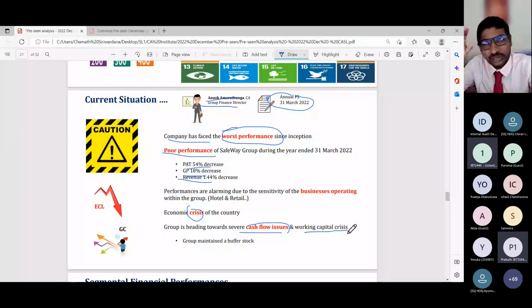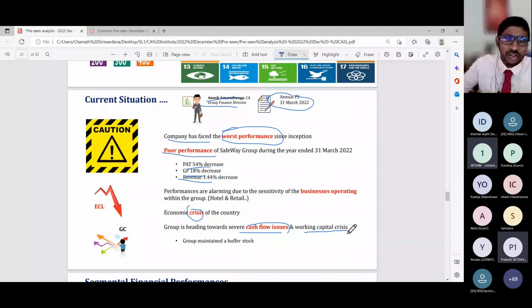Let's say impairment, LKAS 36. You should have some impairment indication to go ahead with impairment, right? So what are the impairment indications? It might be internal or external. Here you have some internal indication, poor performance, and external indication is also there, right? So both indications are there, and there might be some impairment requirement.